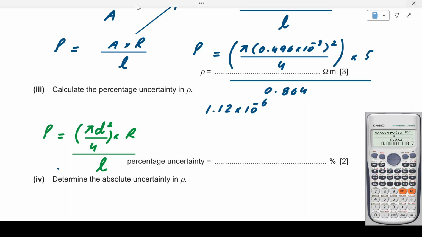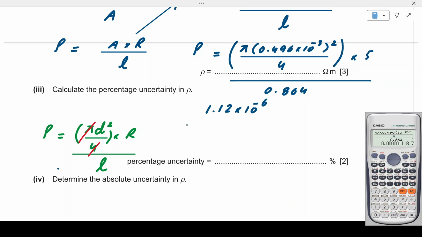The percentage uncertainties of all the physical quantities will be added. So what do we have in the formula? Just ignore the constants. You don't need pi, you don't need 4. So all you need is d square, r, and length.